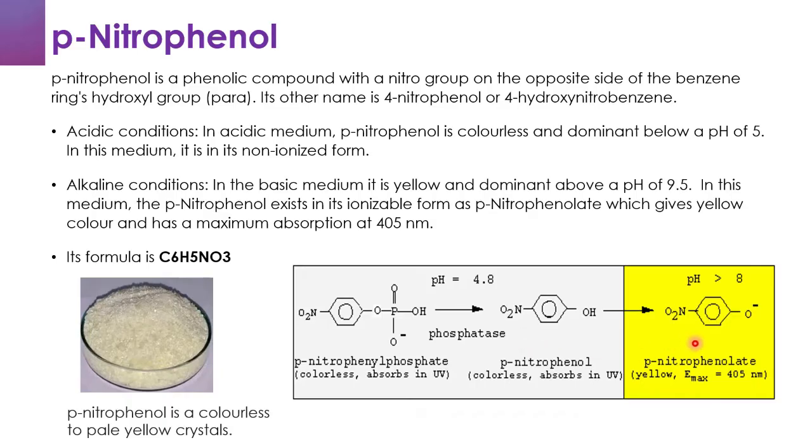Upon the addition of sodium hydroxide to increase the pH or change the medium to basic, the p-nitrophenol is ionized to p-nitrophenolate, turns yellow, and absorbs light at a wavelength of 405 nanometer.